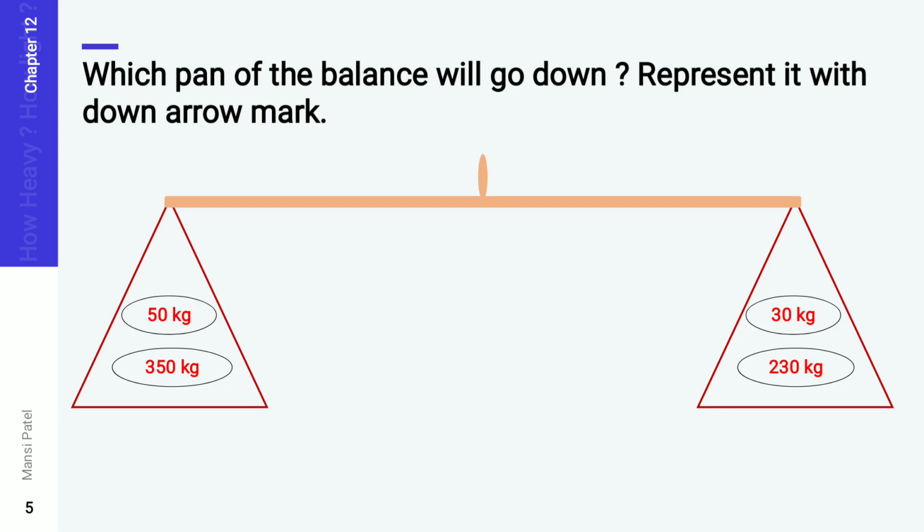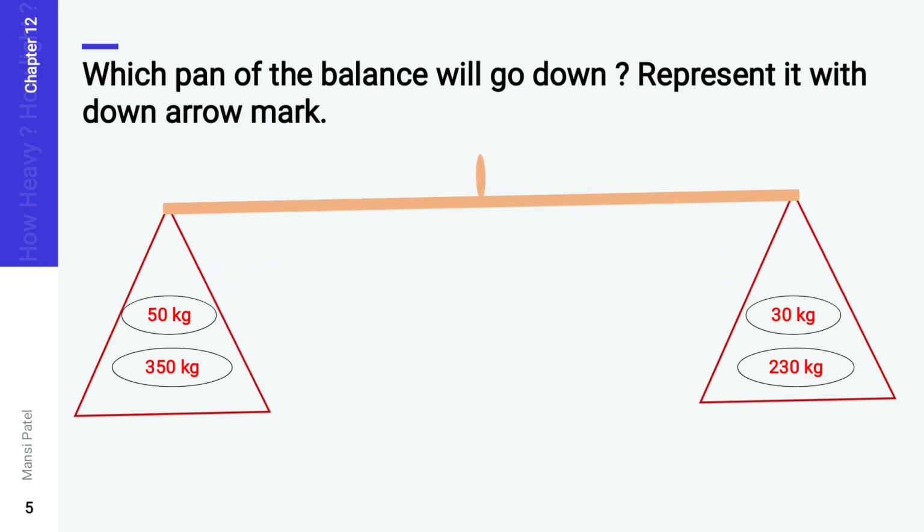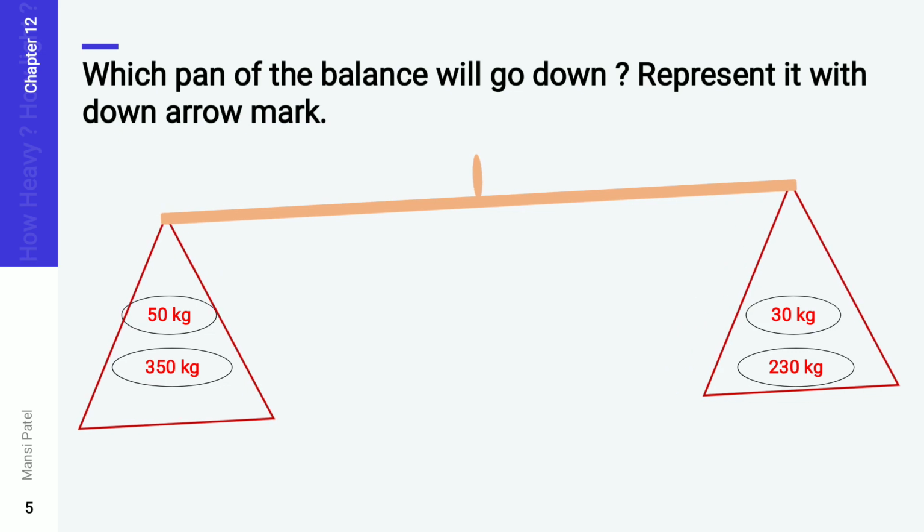So which side will go down? Yes, the side which has the total weight of 400 kilogram will go down. And what you want to do? You have to just put one down arrow on that side.